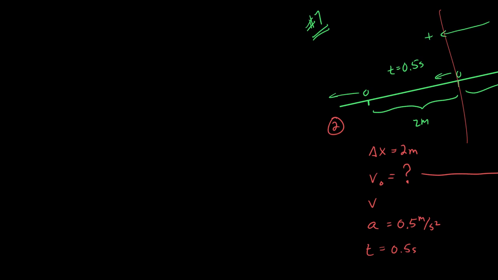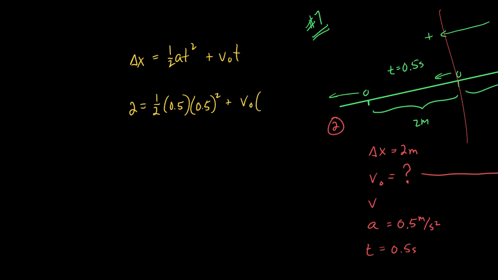So I need a relationship that has everything in it except for final velocity. That seems to be delta x equals 1/2 a t squared plus v naught times t. Is that a good place to start? So 2 equals 1/2 times 0.5 times 0.5 squared plus v naught times 0.5.